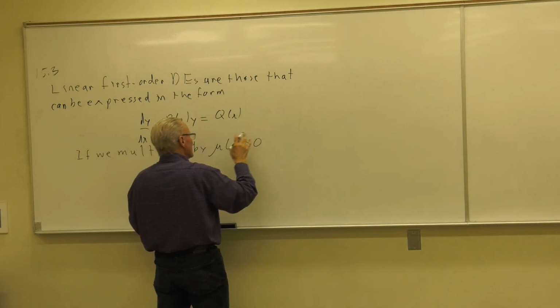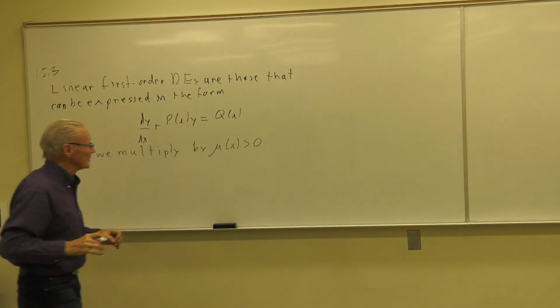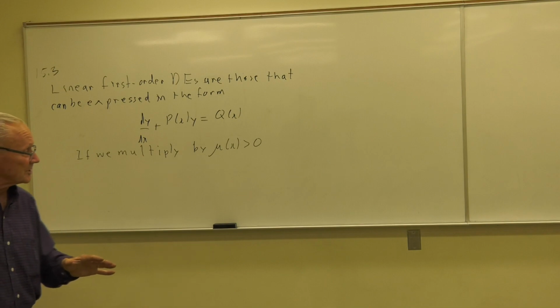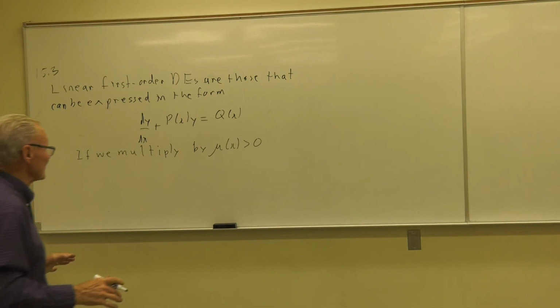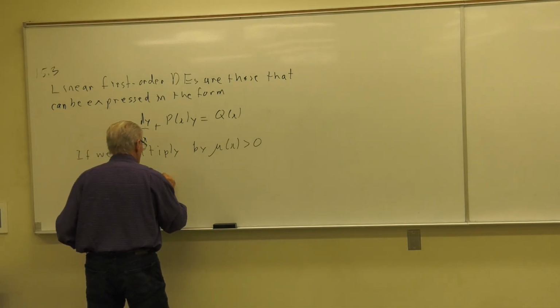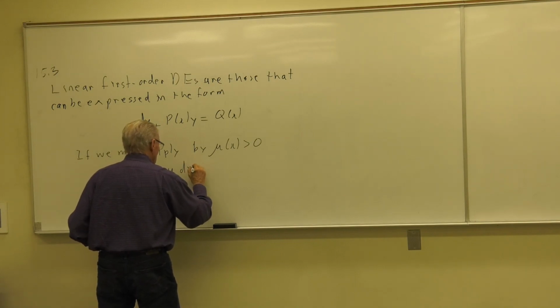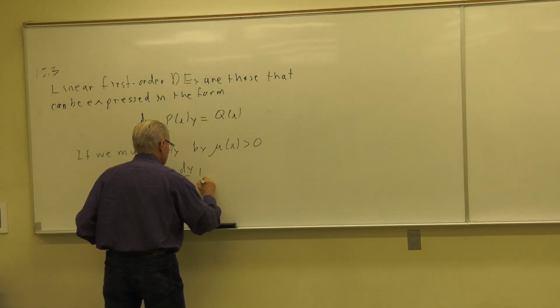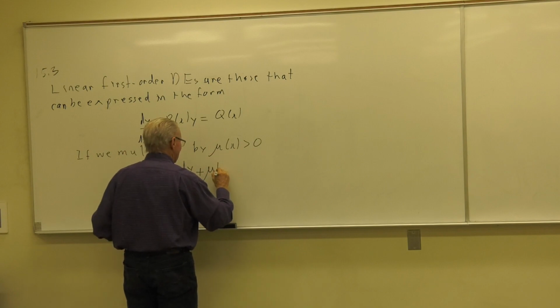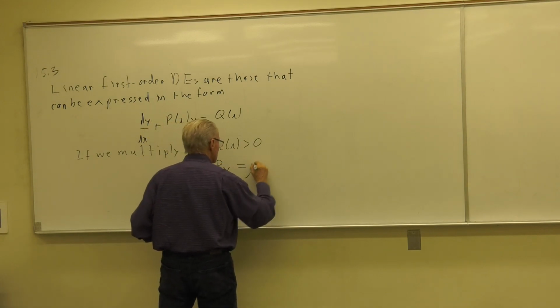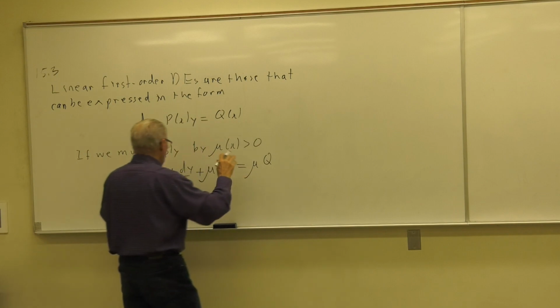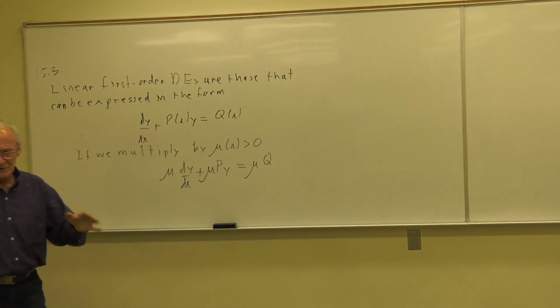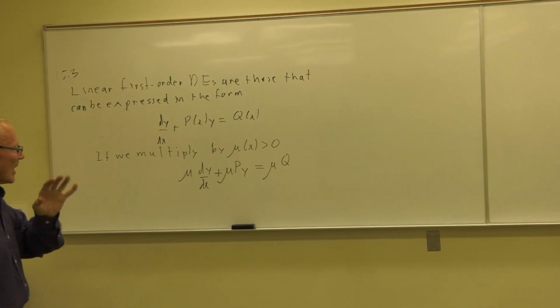In that example, this was x squared. But now I'm trying to find out what that has to be for any first order differential equation whatsoever. So then we would have mu dy/dx plus mu p y is equal to mu q. I'll drop all the x's just so it doesn't look so cumbersome. And what did we want to happen?